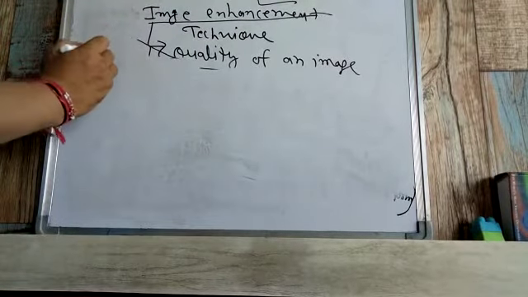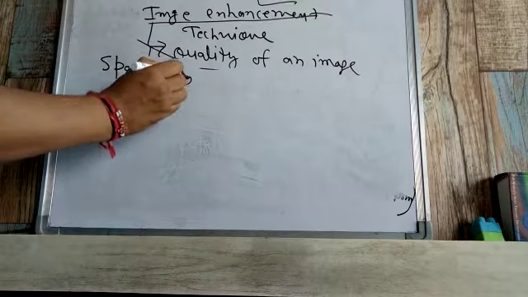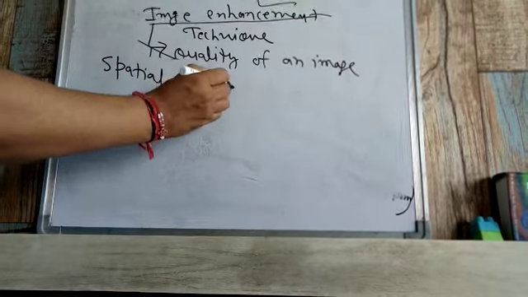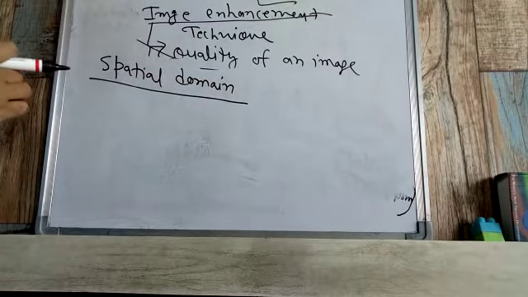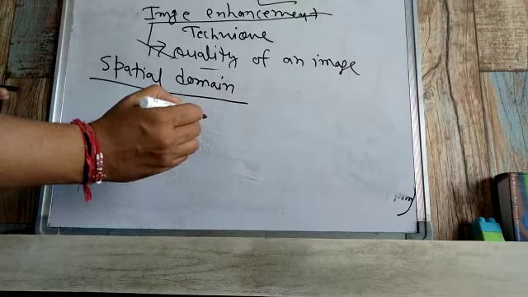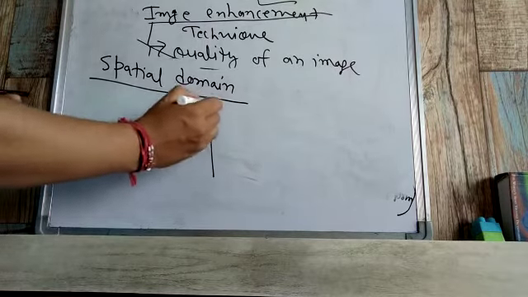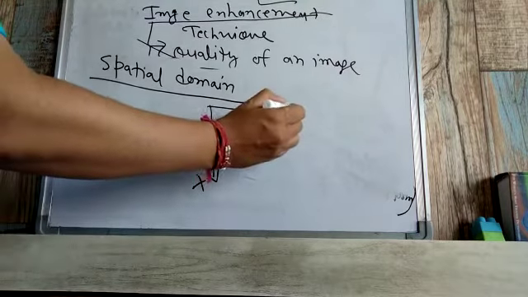Now let us come directly to the point of how to enhance an image in the spatial domain. You normally know the image plane consists of an x and y plane. We have already talked about these two points.